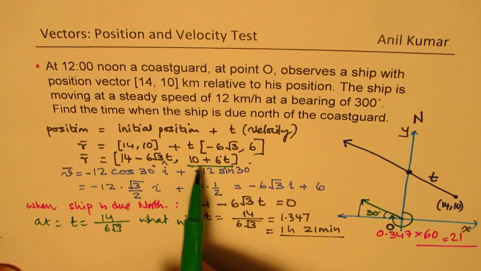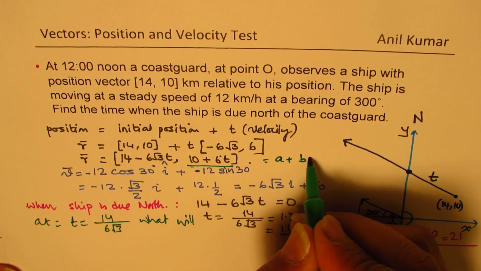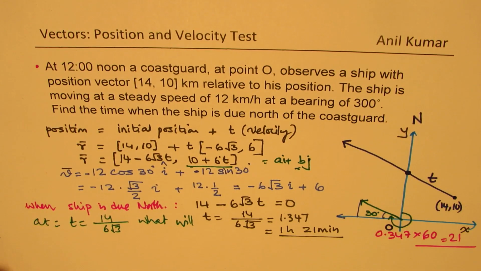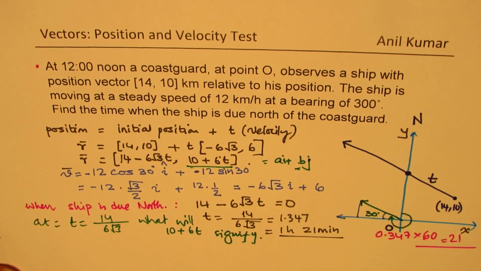Let's say we have written this in the form of ai plus bj. In that case, what will b signify? Can you tell me that? What will 10 plus 6t signify? So that is a question for you now, okay?